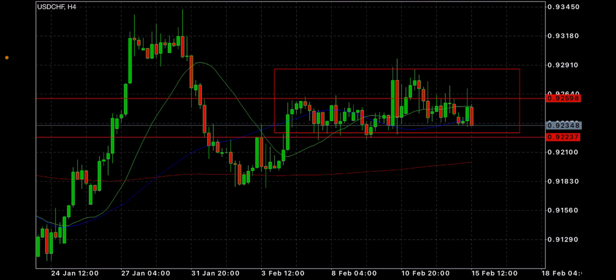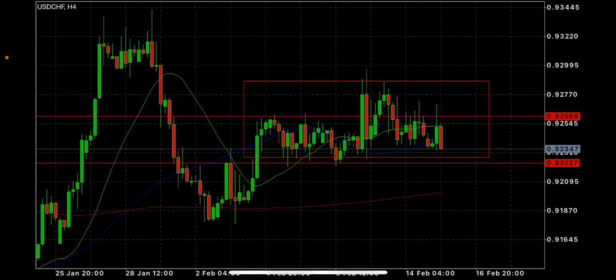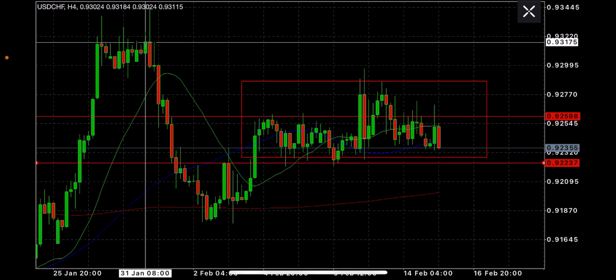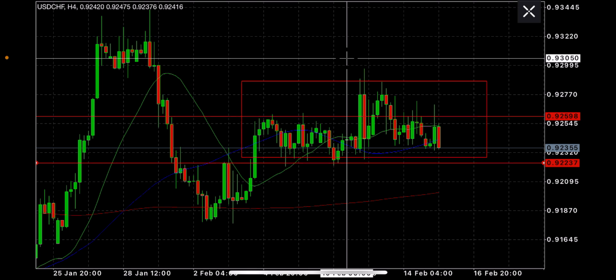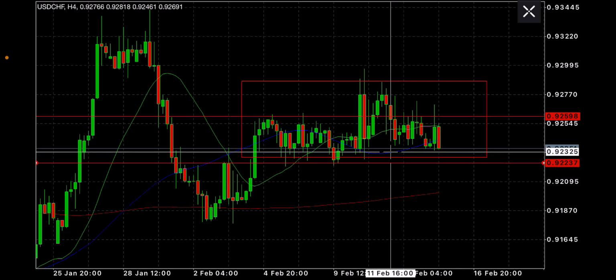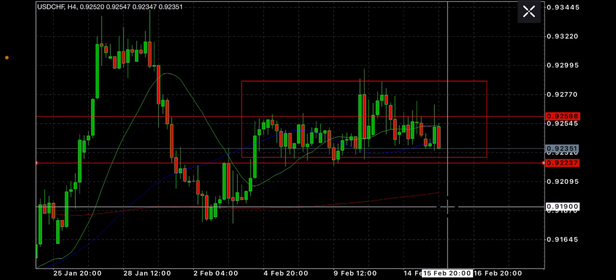But on the other hand, CHF is relatively stronger than USD. So this is a little weird, because with the USD being one of the weaker currencies at this time, you would suspect the chart to start to go down.